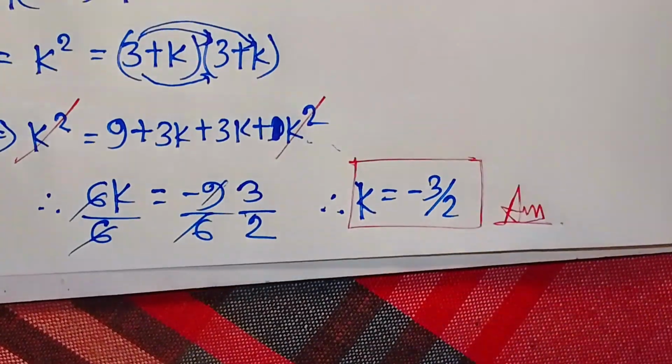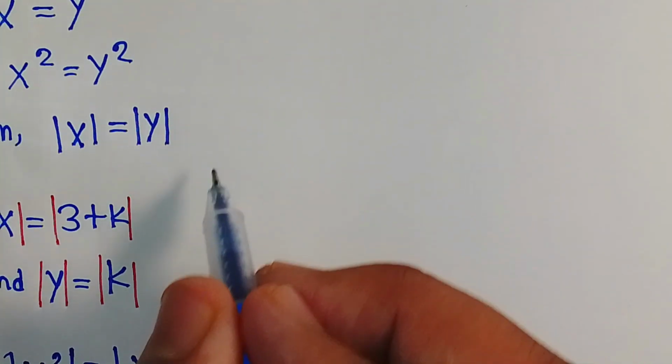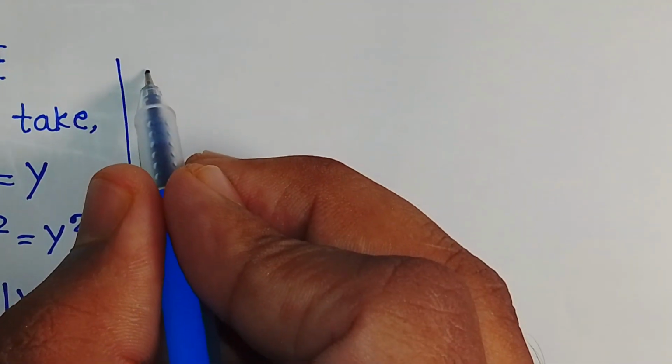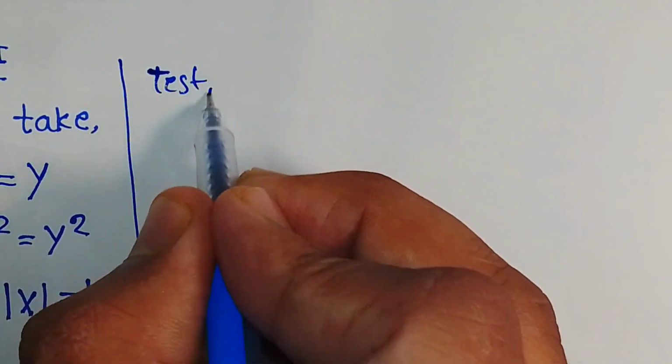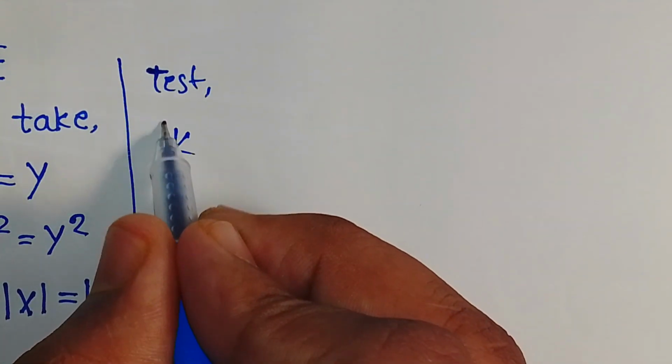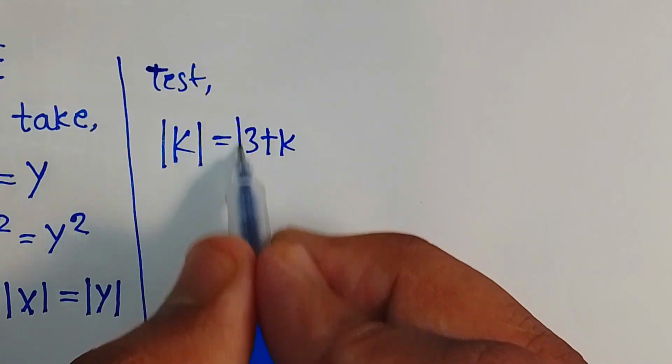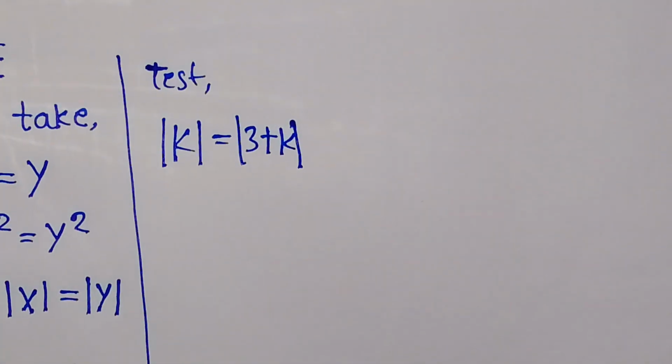We have to test and check this value by applying it in the given equation. So the given equation was modulus k is equal to modulus of 3 plus k.